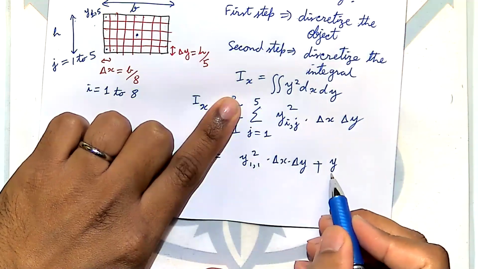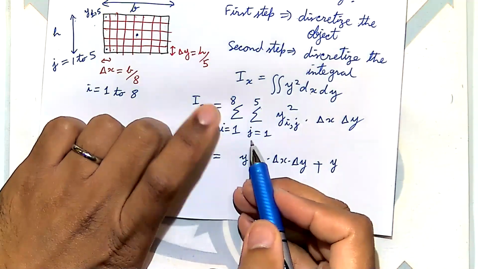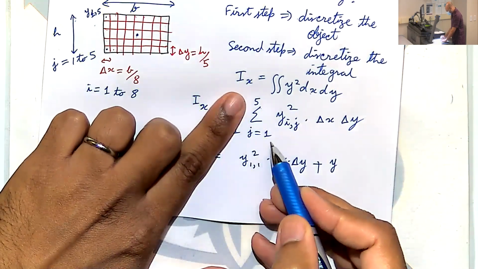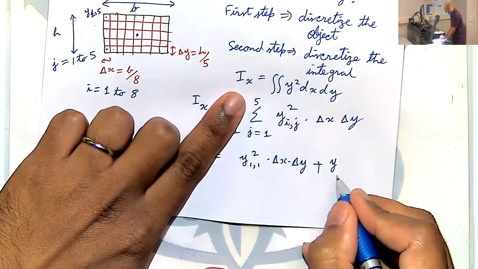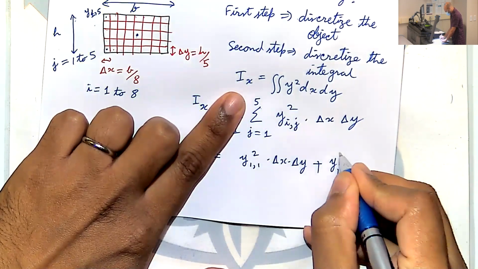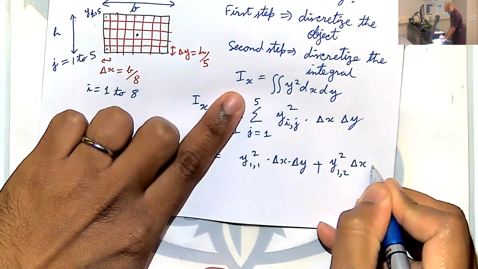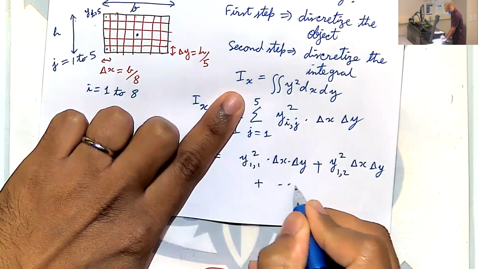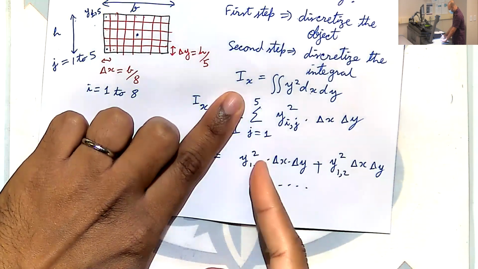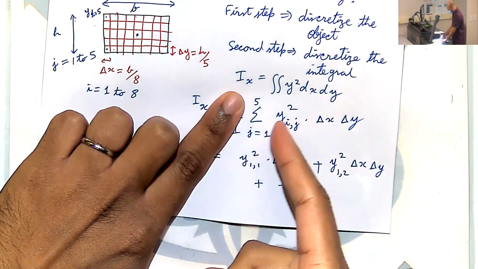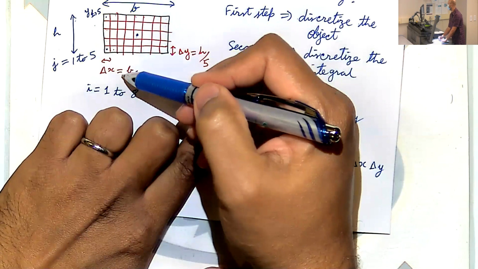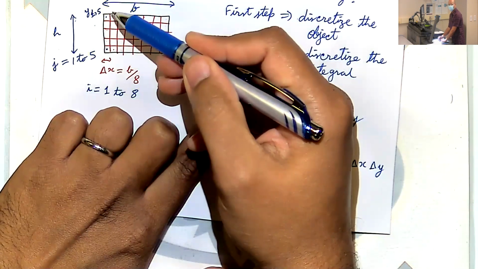So you hold y at i equal 1 and j, you run through all 1 through 5. So y1,2 whole squared. And just like you said, you see delta x, delta y are common to all of them. Plus dot, dot, dot. Once you reach y1,5, all of the first row has been counted. Then you go to the second row and do the same.